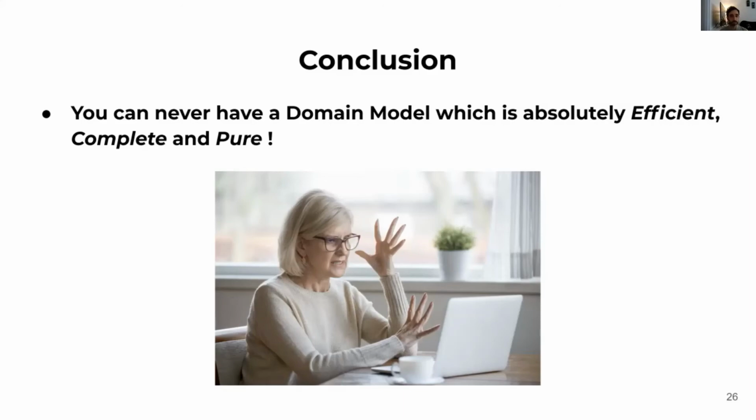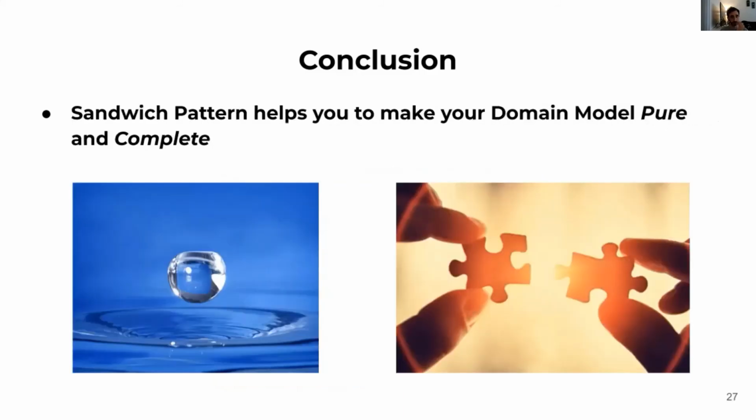How can you decide which one to use? It's just talking with your domain experts, understanding their needs, and then you can perhaps find the best solution for your client. So the sandwich pattern helps you to make your domain model pure and complete, but not efficient.